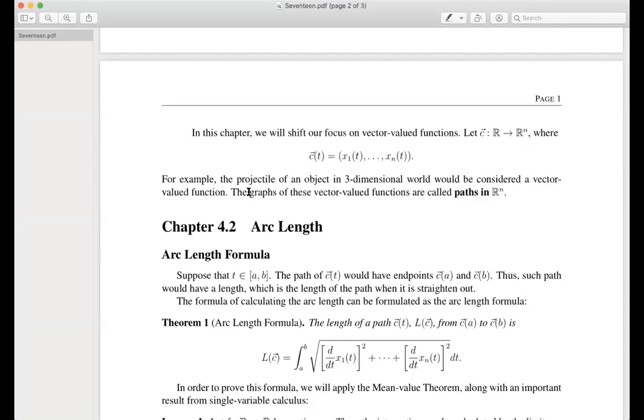When we consider the graph of these vector value functions, they are called paths in Rn. So the projectile will be a path in Rn.